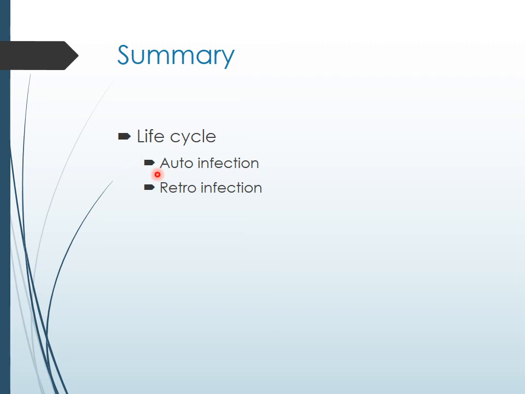One is the auto infection, which is not seen in other worms because egg takes time to get mature and infective, while here within 4 to 6 hours it will become infective. So auto infection is possible, and sometimes even retro infection is possible. So that's all about this Enterobius vermicularis.